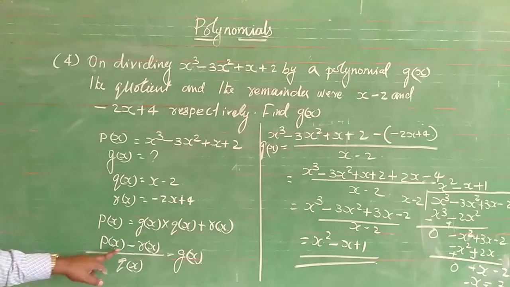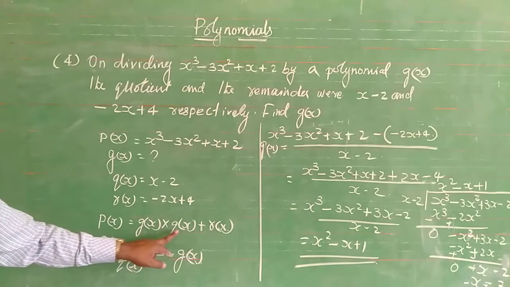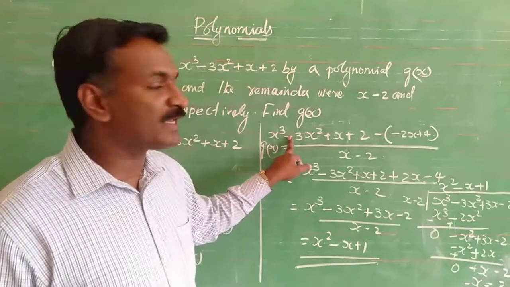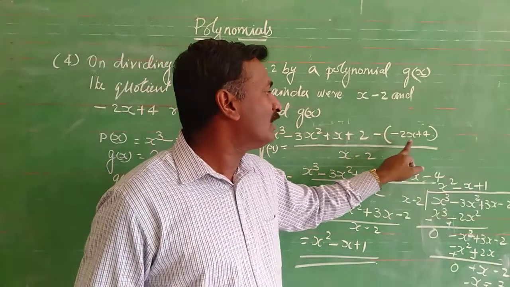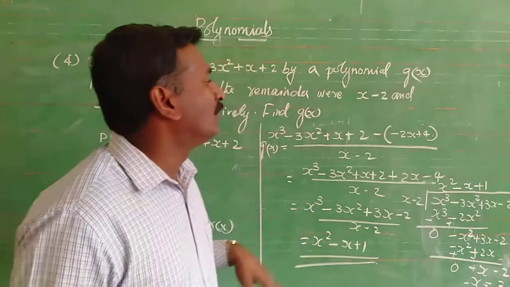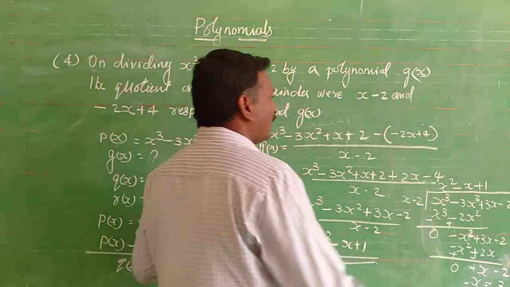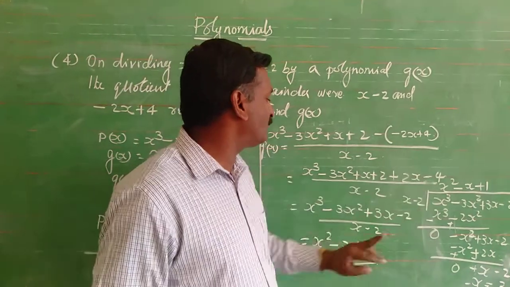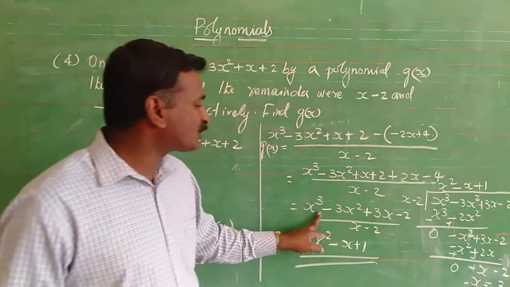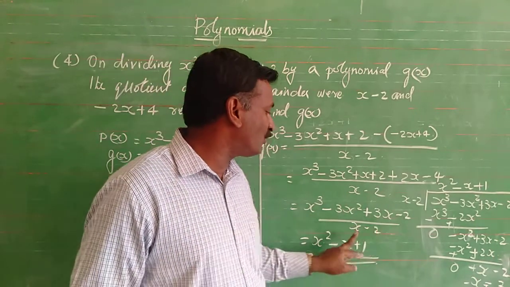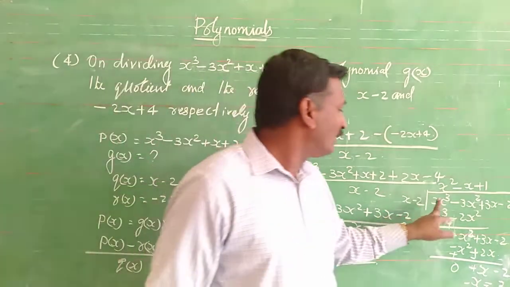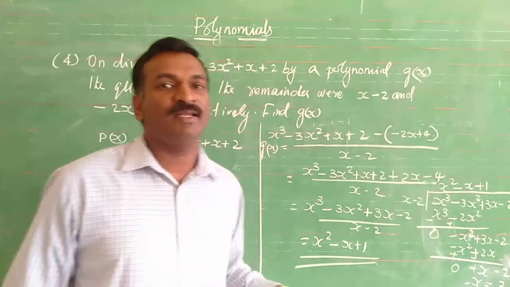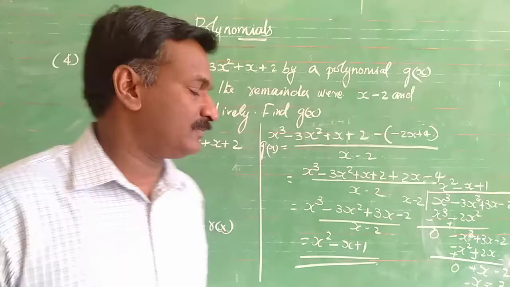Shifting this side, p of x minus r of x by q of x is equal to g of x. Therefore g of x is x cube minus 3x square plus x plus 2 minus of minus 2x plus 4, divided by x minus 2. Opening the bracket, plus 2x minus 4, then after subtracting we get x cube minus 3x square plus 3x minus 2 divided by x minus 2. Dividing, we get the quotient x square minus x plus 1, that is g of x.